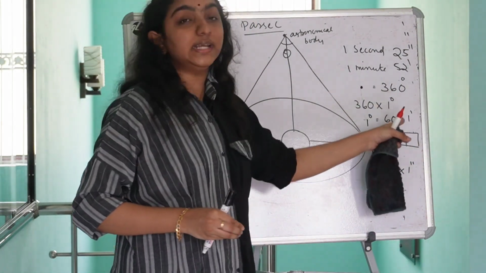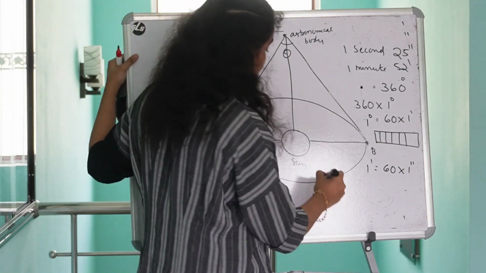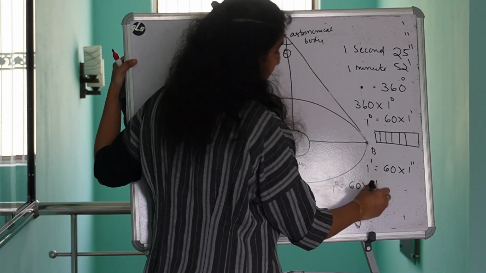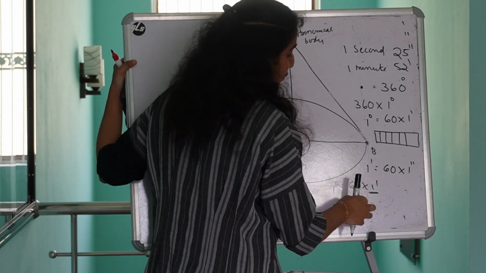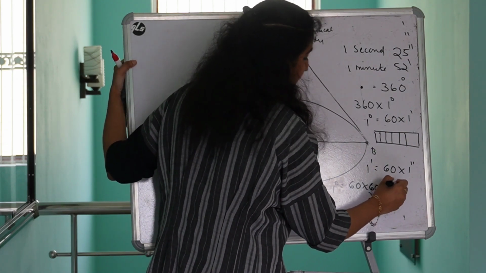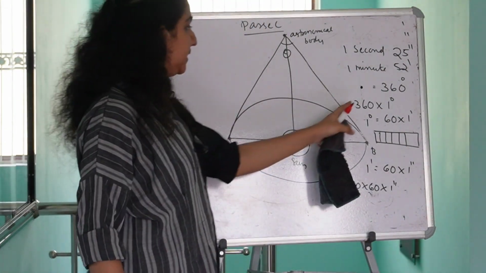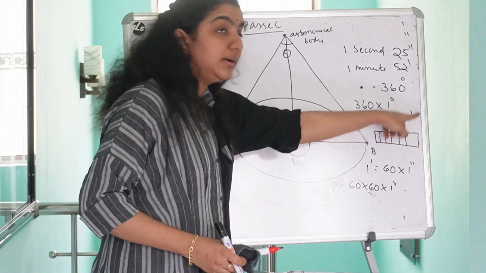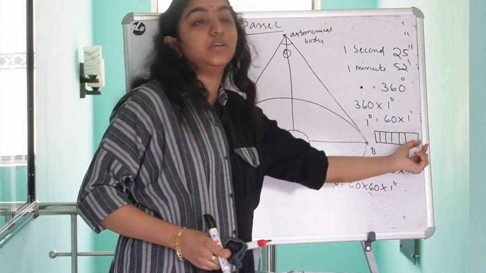So what is 1 degree in seconds? We know 1 degree is equal to 60 minutes, and again we know 1 minute is equal to 60 seconds.